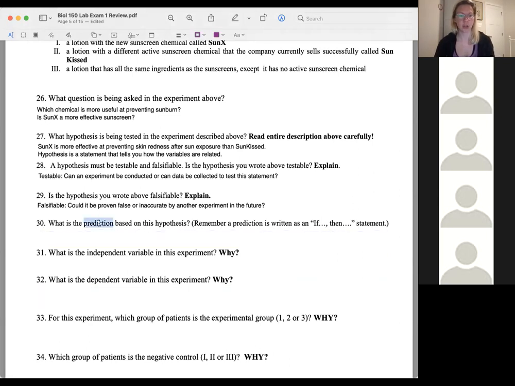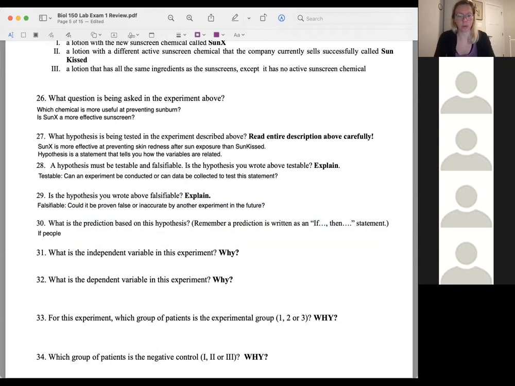All right, so predictions are based on the hypothesis, and these are statements that are written in the if-then format. So maybe you can say, if people start using Sun X, then they will avoid the redness of the skin more effectively.